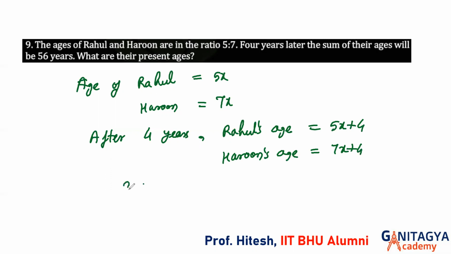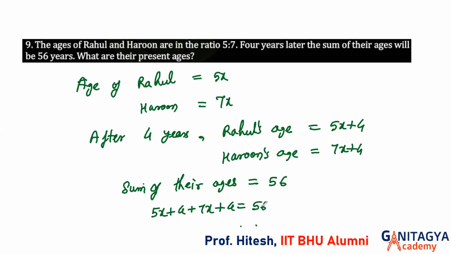So the sum of their ages is equal to 56. It means 5x plus 4 plus 7x plus 4 is equal to 56.